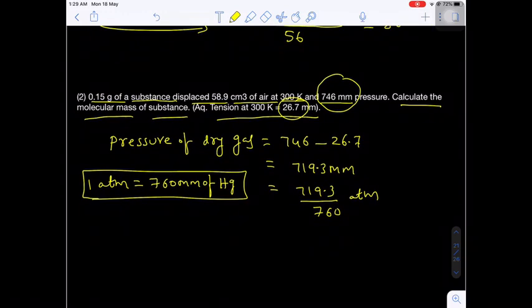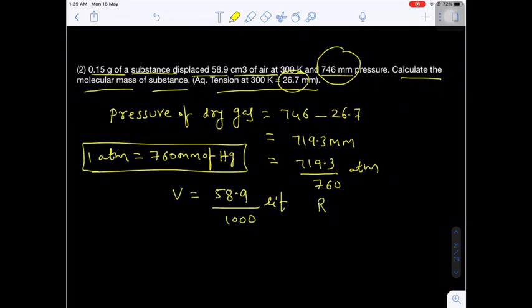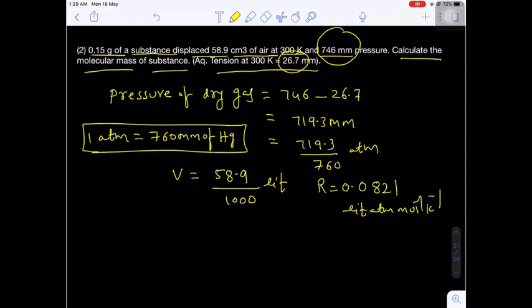Now come to the volume of the air displaced: 58.9 milliliters. So I am writing divide by 1000 so that the volume is converted into liters. Do you know the capital R value? 0.0821 liter atm mole inverse Kelvin inverse.